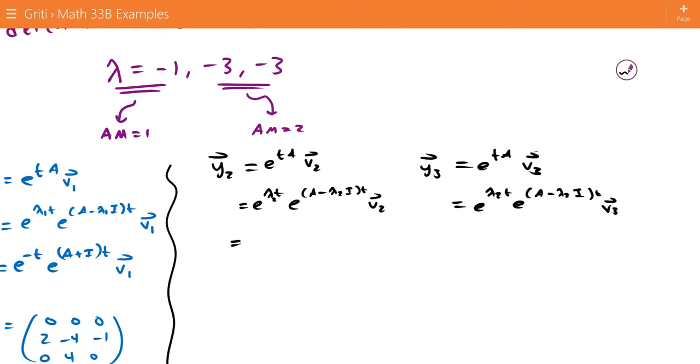Plugging in lambda 2, which is negative 3, we get e to the negative 3t times e to the (A plus 3I) t times v2, and then e to the negative 3t times e to the (A plus 3I) t times v3.